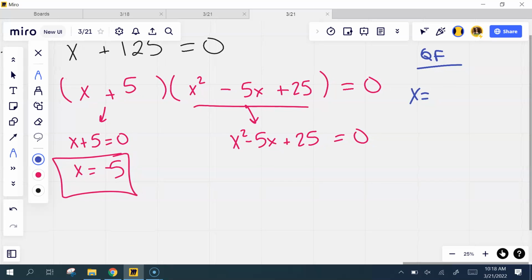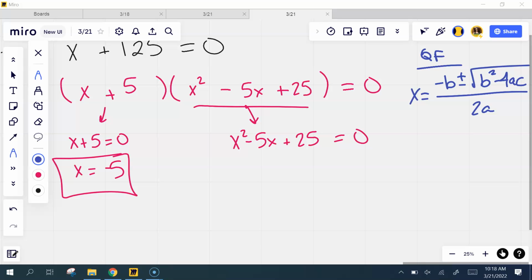If you don't remember, tell me what the quadratic formula is. Opposite B. So if you don't remember quadratic formula, brush up on that because it's back.